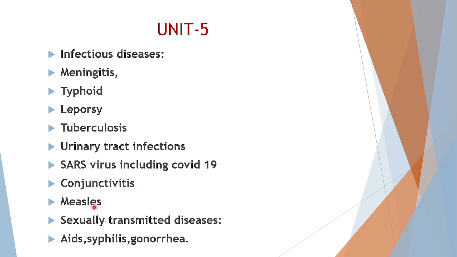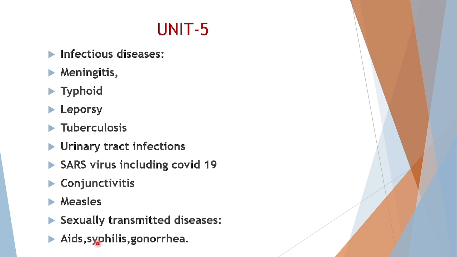What is measles? Measles is a highly contagious viral disease, which spreads through the air from one person to another by cough or sneezing. Okay, and the sexually transmitted diseases like AIDS, syphilis, and gonorrhea. And what is AIDS? AIDS is acquired immunodeficiency syndrome. Okay, it is a viral infection.